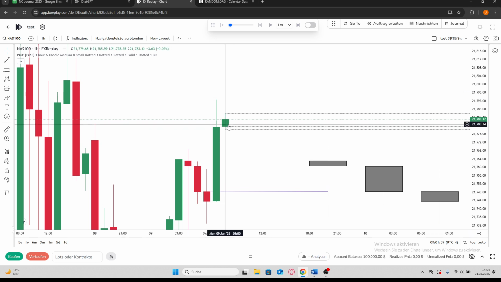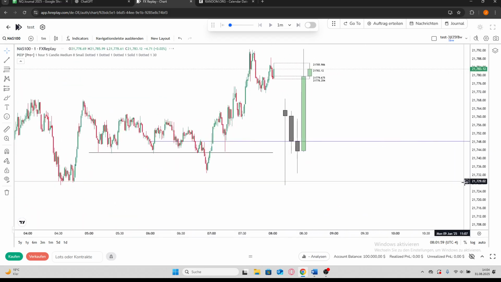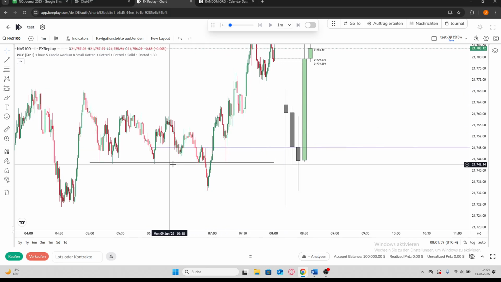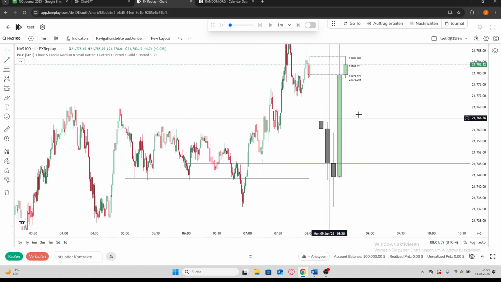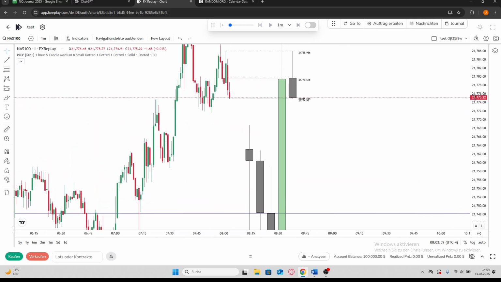So this is an 8 a.m. candle. I think we can go now on the 1-minute chart. And you can see, this could have also been a really nice trade, but I don't trade 6 a.m. today. All right, so let's see what we get.